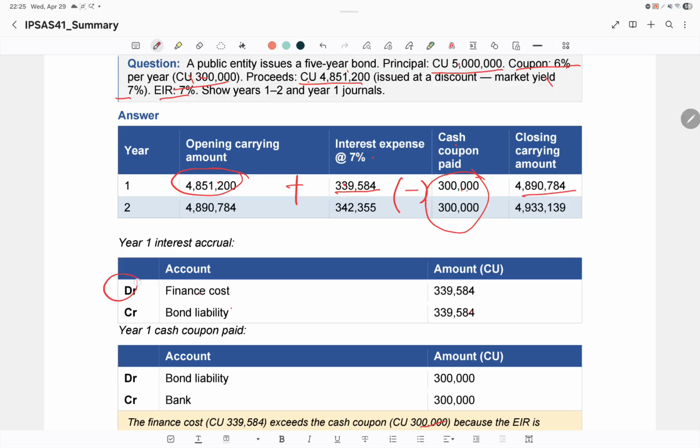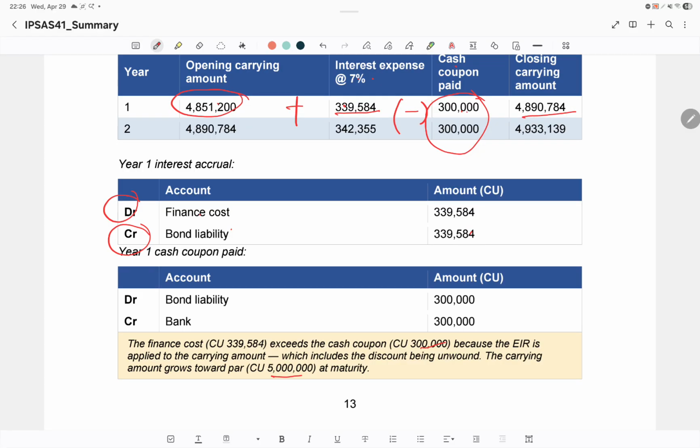We debit the finance cost and credit the bond liability, because interest increases the liability. Interest increases the carrying amount, so you add interest to the carrying amount and then you minus the cash flow. So debit finance cost, credit bond liability.